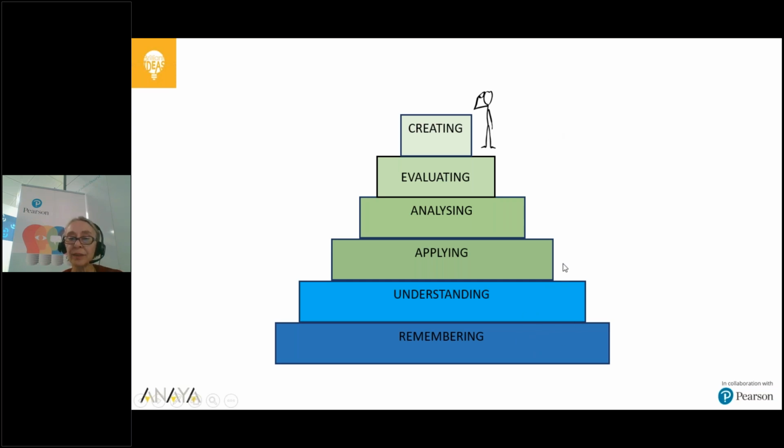We move up into what are called the higher order thinking skills when we start applying the knowledge, manipulating it, maybe using it in a different context. We start analyzing the knowledge, categorizing it, seeing patterns emerge. We can start evaluating it, synthesizing it, making it into a mind map, drawing it out graphically, until finally we can take action and do something with the new knowledge, make and create.